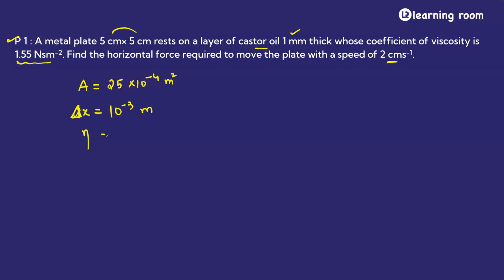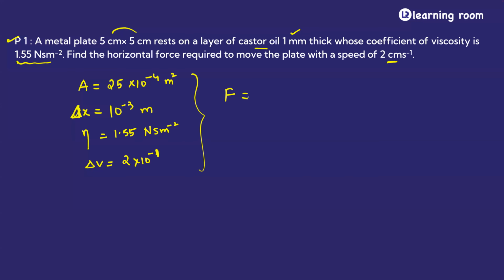What is the coefficient of viscosity? It is 1.55 and it is in SI unit only. So delta V expected is 2 into 10 power minus 2. Am I right? Now, tell me how are we supposed to calculate the force?